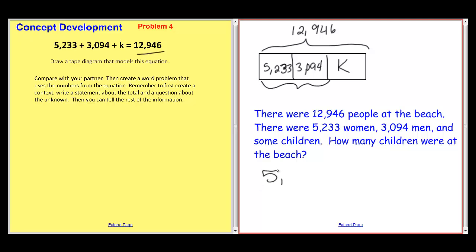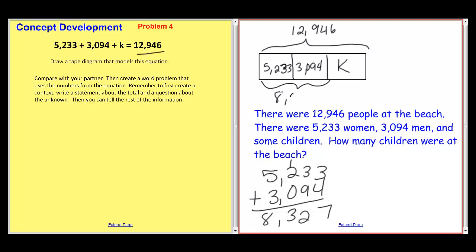So I've got 5,233 plus 3,094. So I'm going to add this together. That gives me 8,327. So together there were 8,327 men and women.